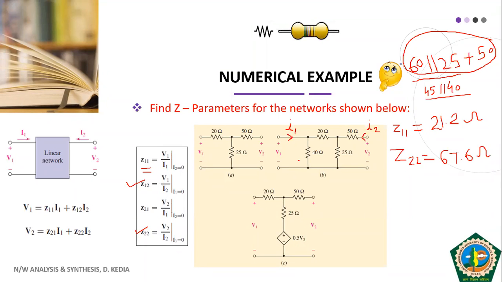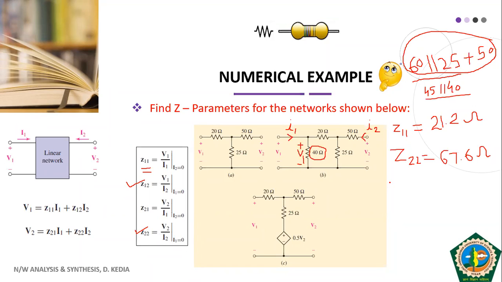Okay, let us see. Since I1 is 0, this V1 will come across this 40 ohm resistance. Now I make out from this circuit that this I2 is entering here. This I2 will divide here. So some part of I2 is going to pass through this 40 ohm resistance, and let that current be I40.